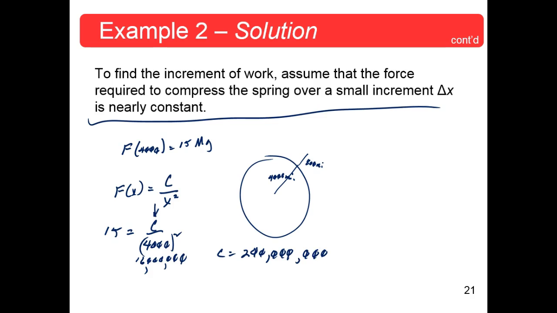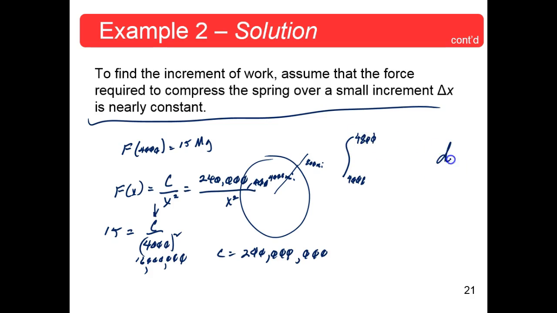Okay. Now, there's your constant. And then what we would do is integrate. Well, so this will be 240 million, and I'm all in favor of scientific notation here, over x squared. So there's your variable force, and what you're integrating is from 4,000 to 4,800.